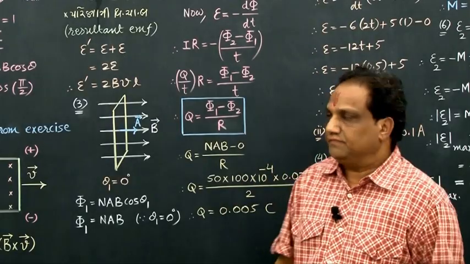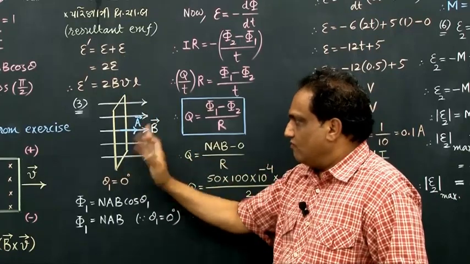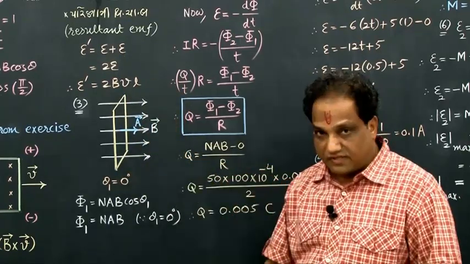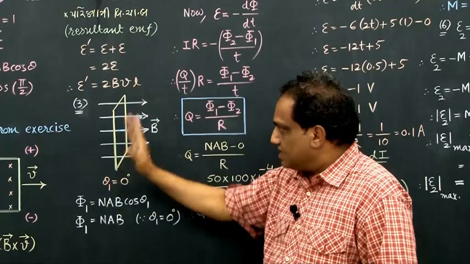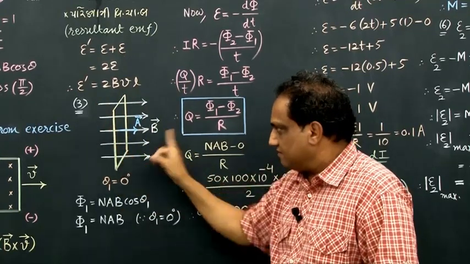Come on, read it. Look, we are given one coil whose plane is perpendicular to a uniform magnetic field.